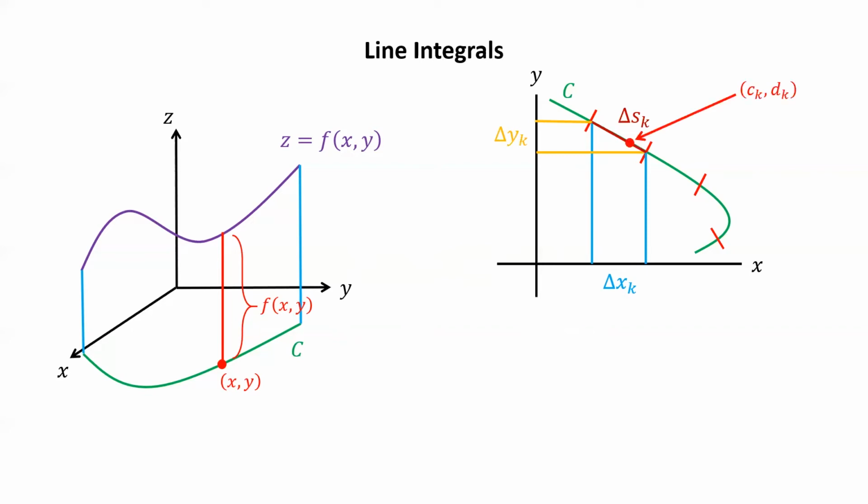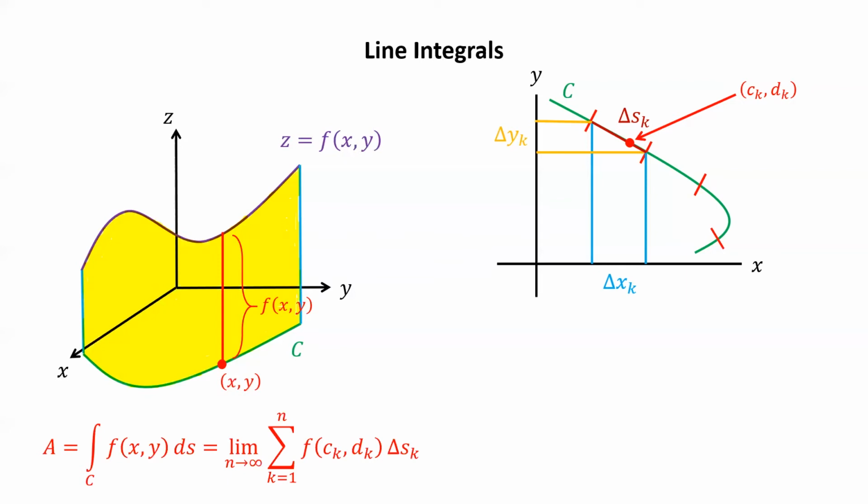What we do is we choose an arbitrary point on the curve between two of those adjacent endpoints, let's say c_k, d_k, and then we take f of c_k, d_k and multiply it by delta s_k. That gives us an approximation to the area of the sheet restricted to that particular little subinterval.